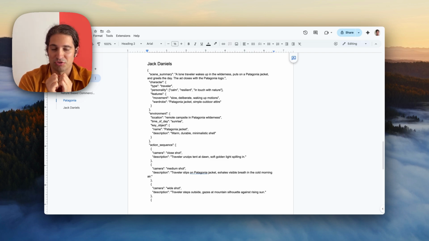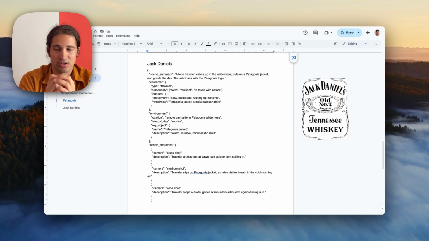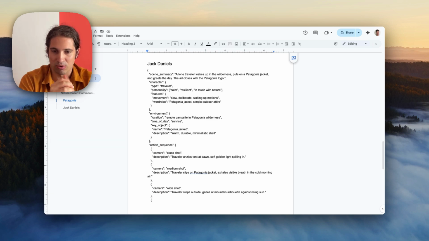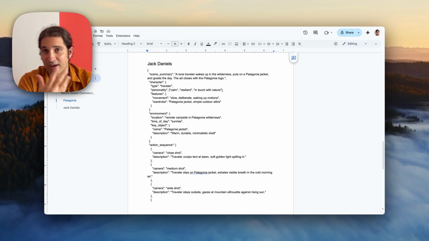So you're thinking of Jack Daniels, you should think of coziness, you should think of warmth, because it's whiskey, it makes you feel warm. So what if we combine a campfire? It's cozy, and you put the Jack Daniels logo on there, you're ready. You have an ad essentially crafted. 80% is done. Then you can use ChatGPT to actually give you the final ad.